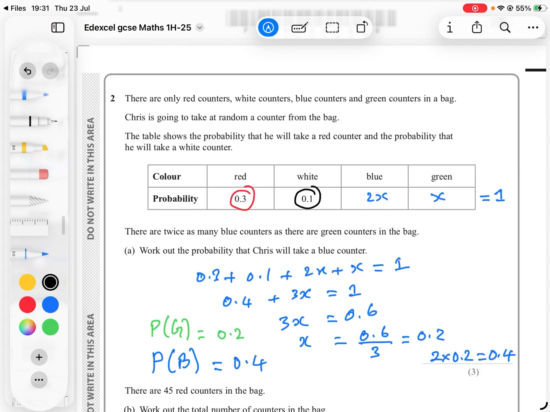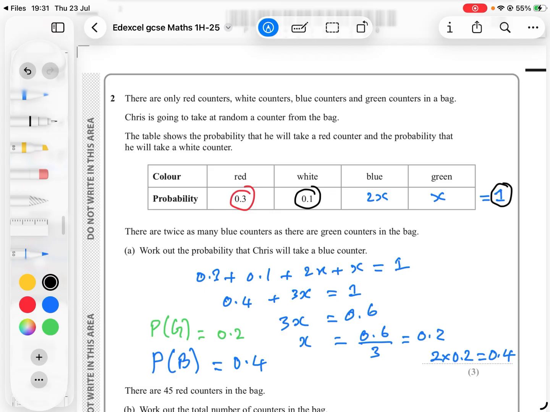Now, the total probability in any event is always 1. There are twice as many blue counters as there are green counters in the bag. Question A: work out the probability that Chris will take a blue counter.